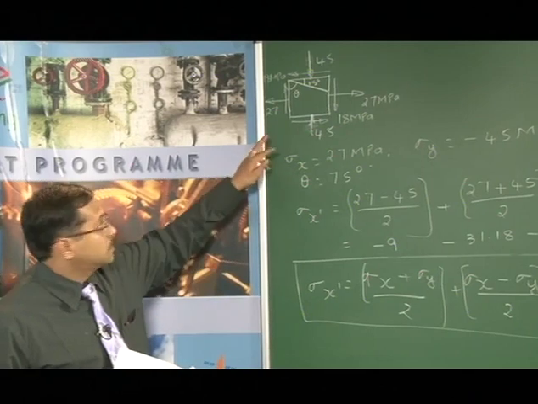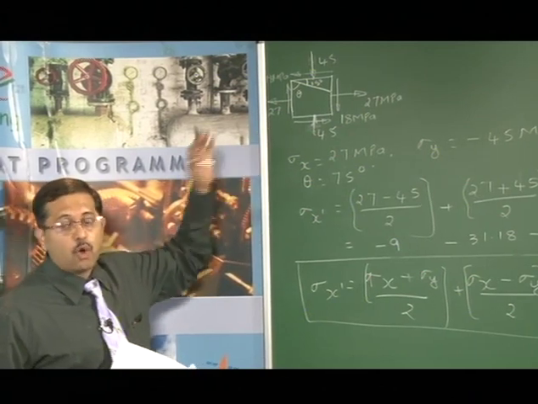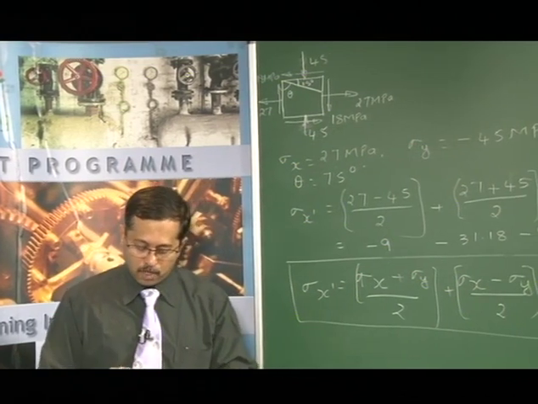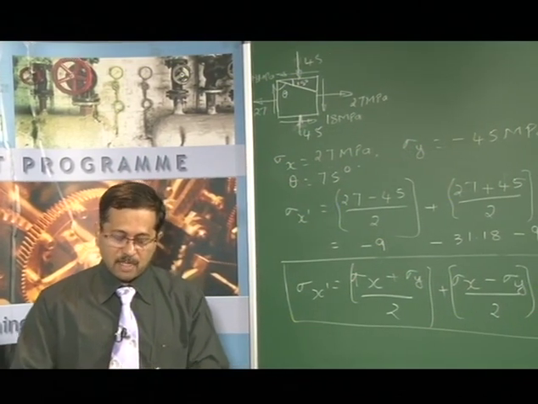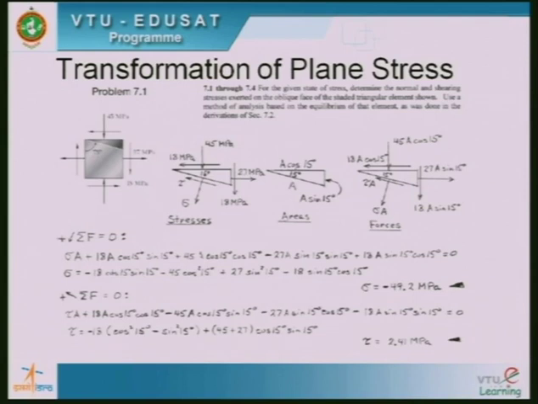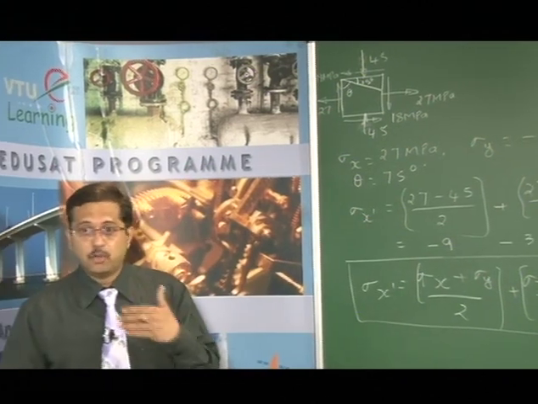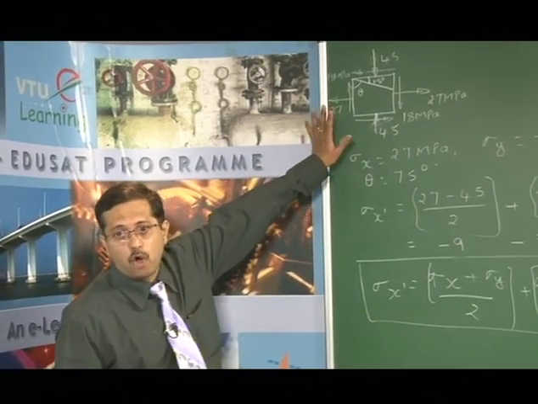What is important is to refer to what you have derived, because in different books the sign convention used would be different. So you have to be careful about the sign convention that you use to derive the expression. The same sign convention is to be used when you are solving the problems also.